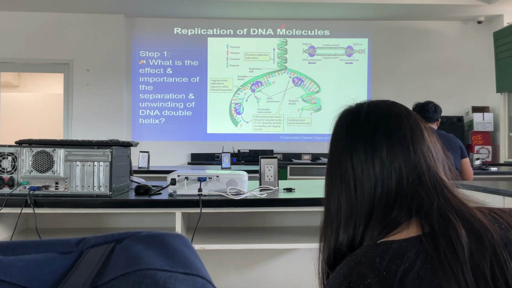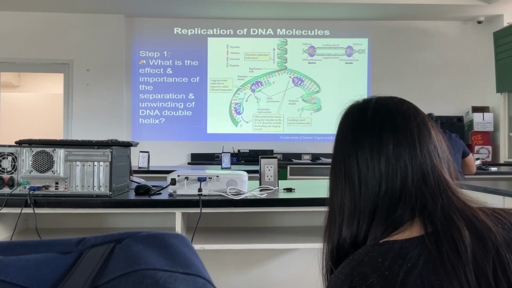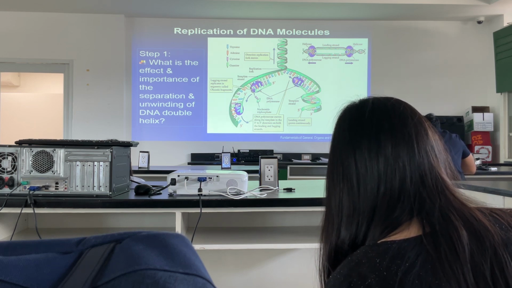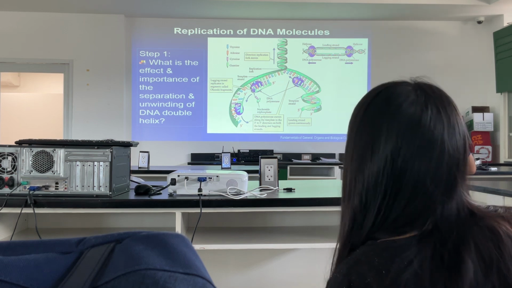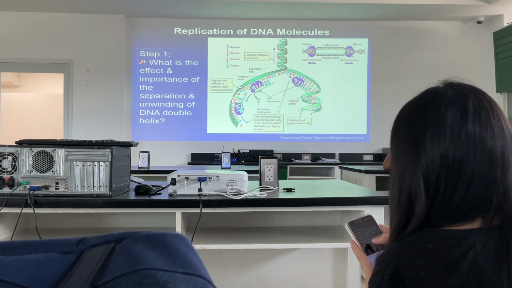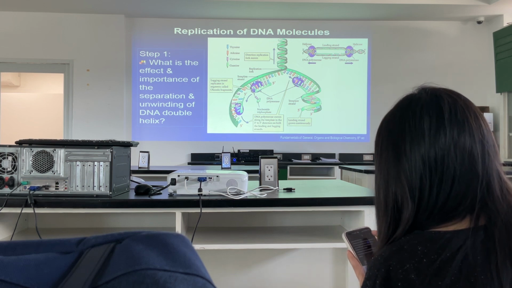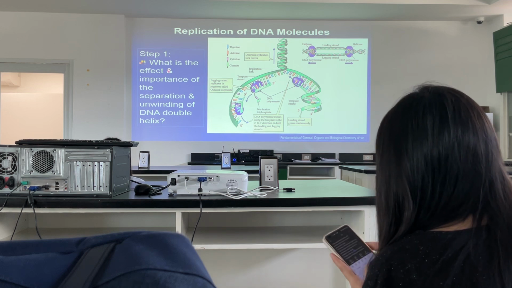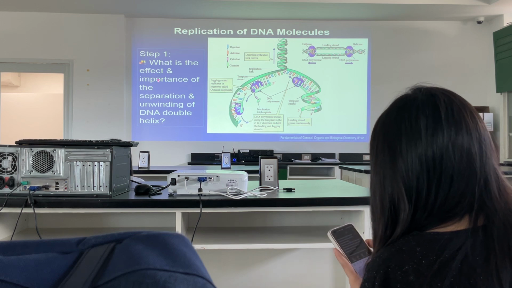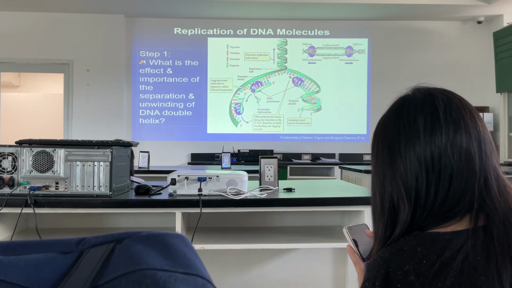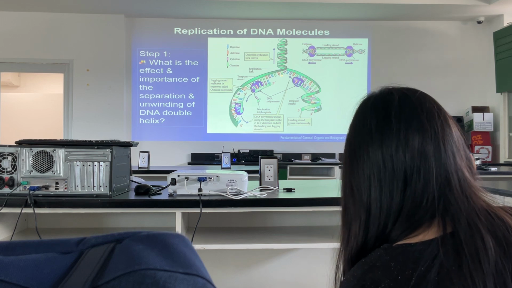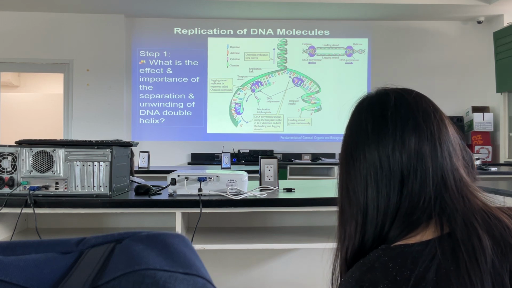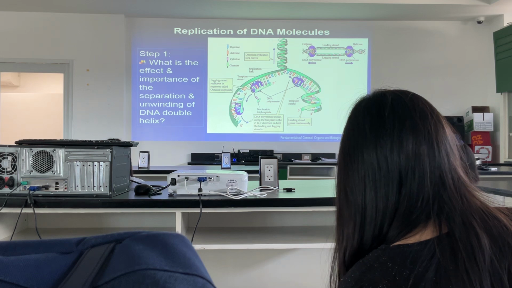So that's why once the bases are exposed, it makes possible the synthesis of a new strand using the bases as the template, because there is what we call complementary base pairing in the DNA molecule. So that's the effect and the importance of the separation and unwinding. First effect, exposure of the bases, and then it becomes a template in the synthesis of a new strand.